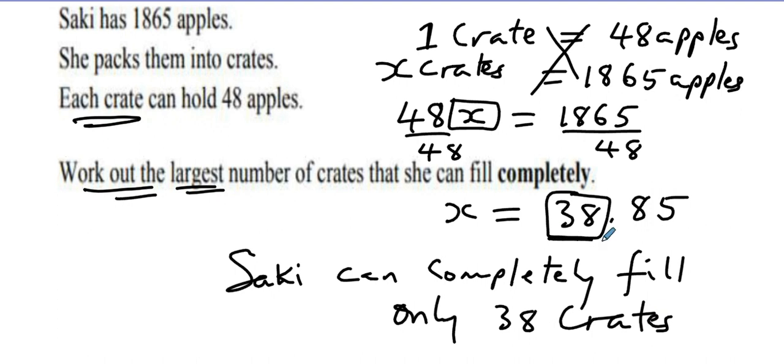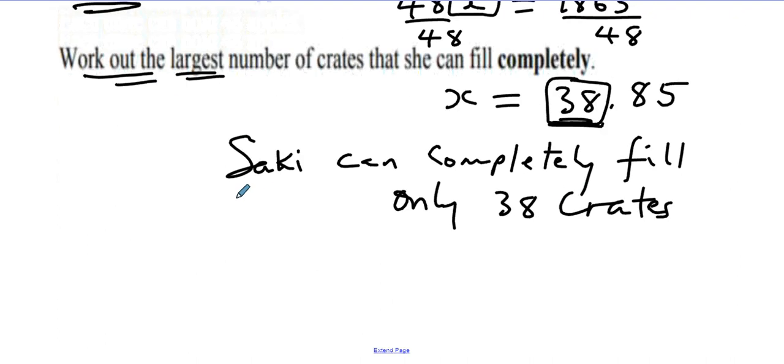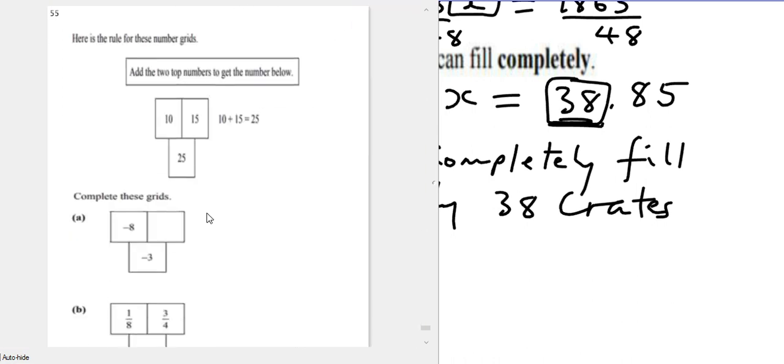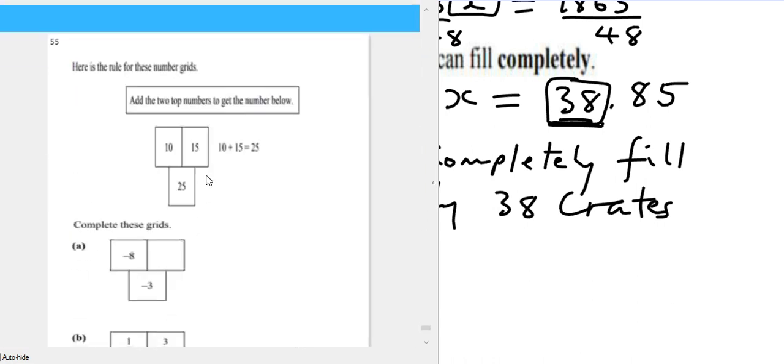Don't say 38 plus 1 extra, because 1 extra crate will not be filled completely. The question is, work out the largest number of crates that she can fill completely. So she can only fill 38 crates.